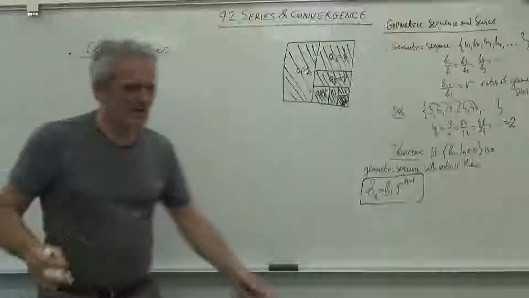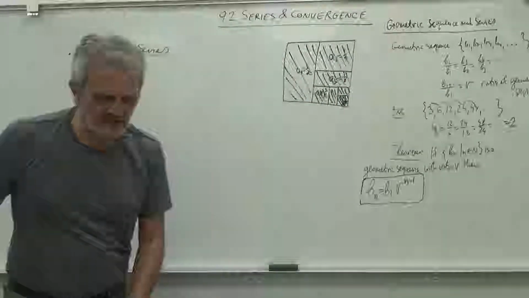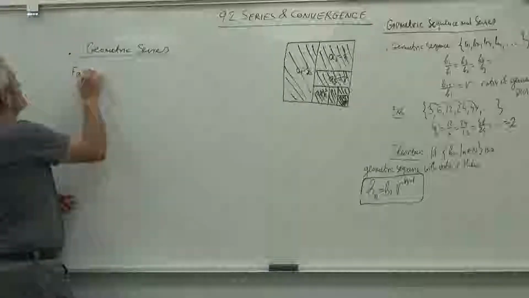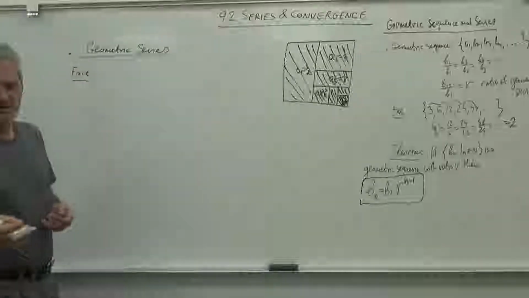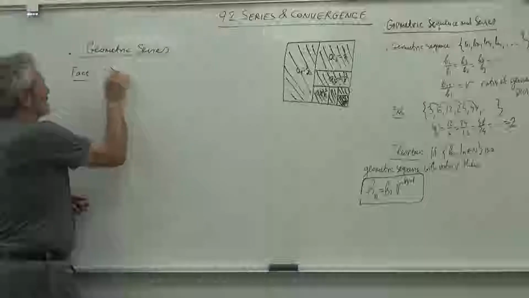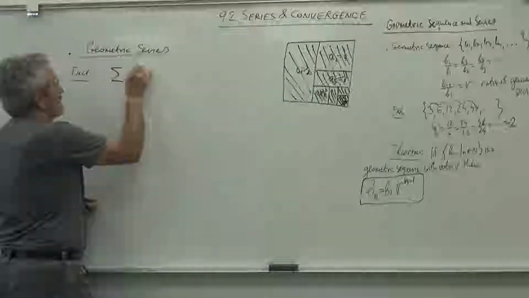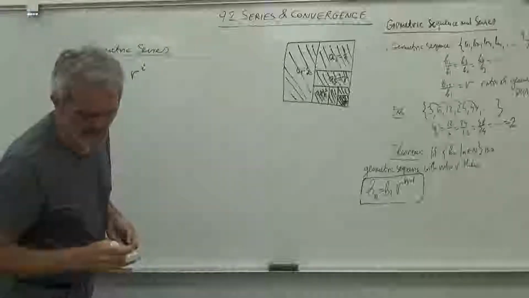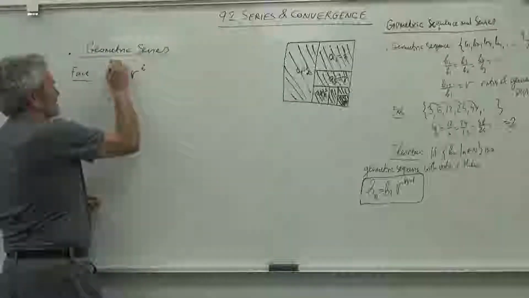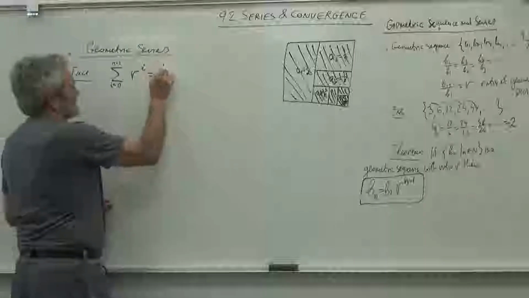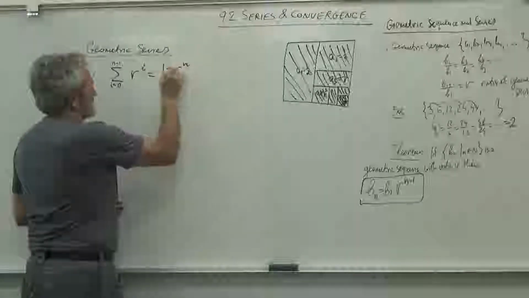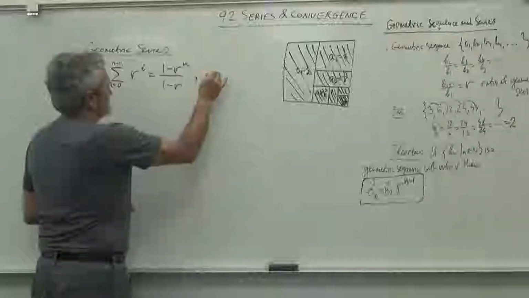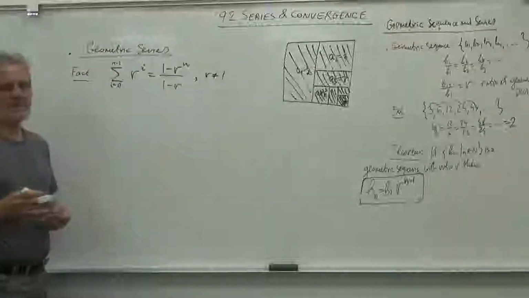In order to obtain the result that we need, I'd like to mention one fact, and that one is very useful throughout the chapter. It is that the sum of R to the i, when i goes from 0 to n minus 1, equals (1 minus R to the n) over (1 minus R), as long as R is different from 1.